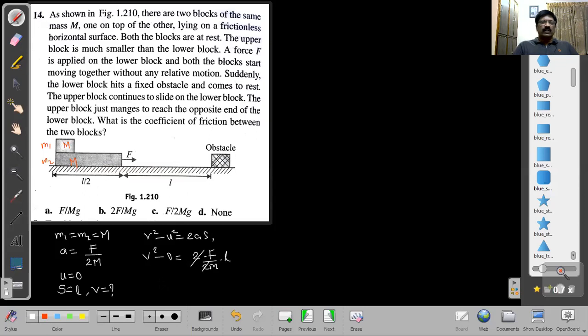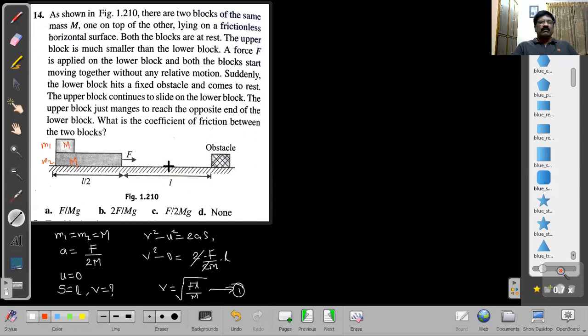Then V is equal to root of FL by capital M. This is equation 1. That means whenever the lower block strikes the obstacle, at that time the velocity of the lower block becomes this, and the velocity of the upper block is also the same.